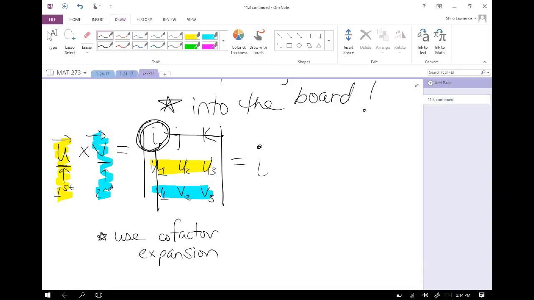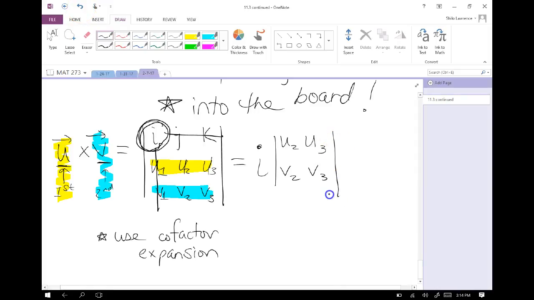So next to the I, I'm going to write the 2x2 matrix U2, U3, V2, V3. We had to cover up I's column and I's row to get that. See what's left over. And then I'm going to undo that because I don't want them to stay covered up for the next step.